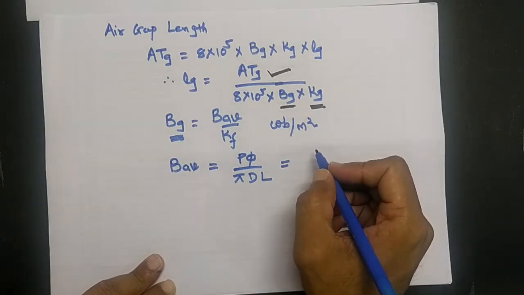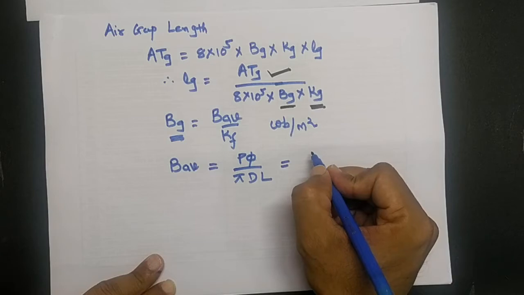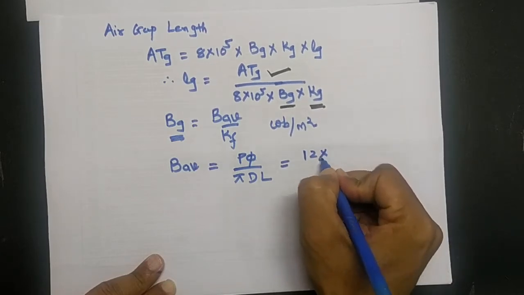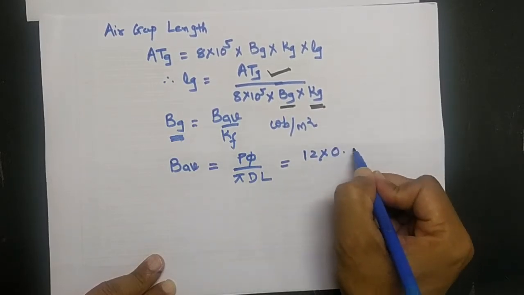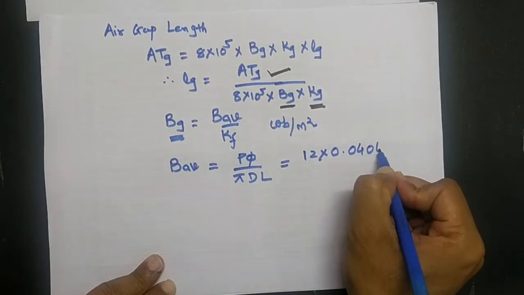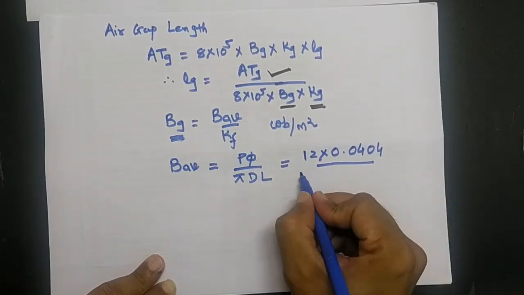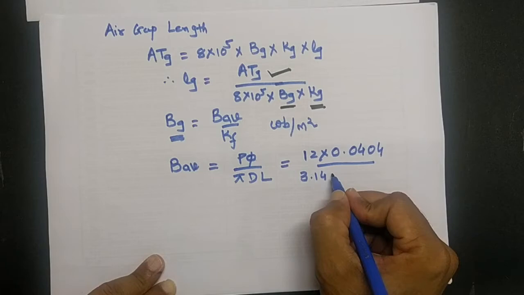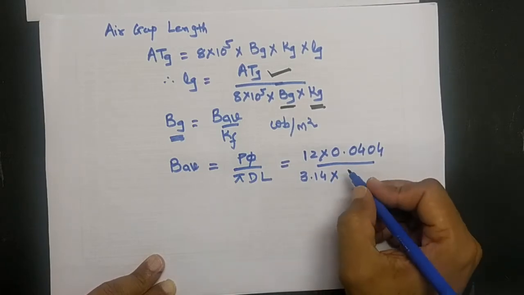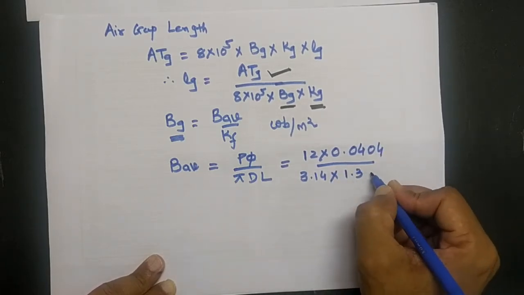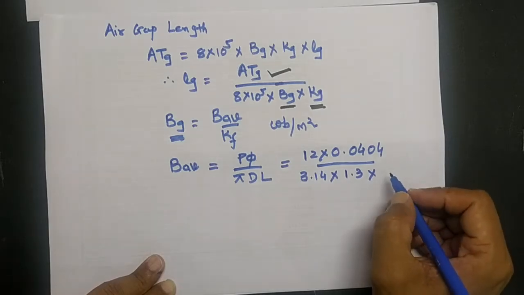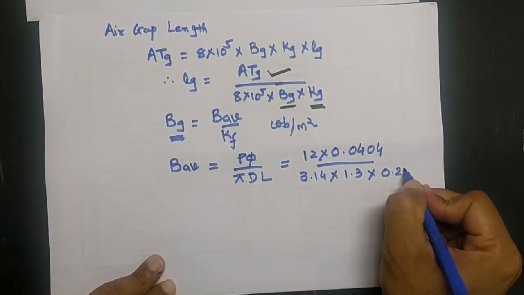The number of poles is 12, the flux is 0.0404, divided by pi, 3.14, multiplied by D, given as 1.3 meter, and the length is given as 0.21 meter.